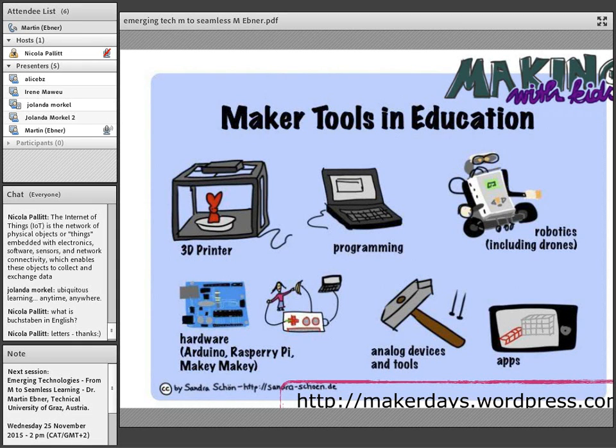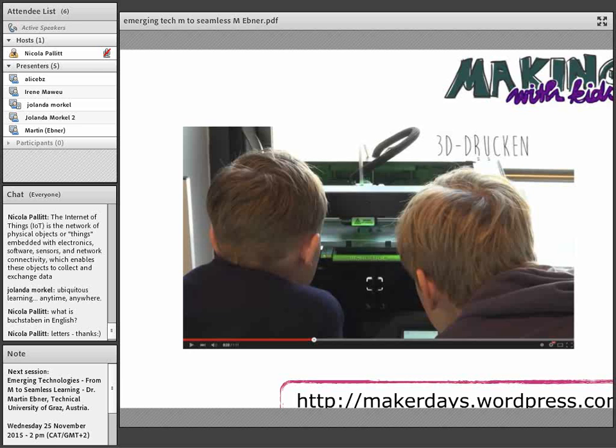Therefore, we are currently also running a MOOC, for example, and we have done the first Maker Days in German-speaking countries. You see here, for example, two children who make their first 3D print, and they were very excited about how this is working and what they can do.